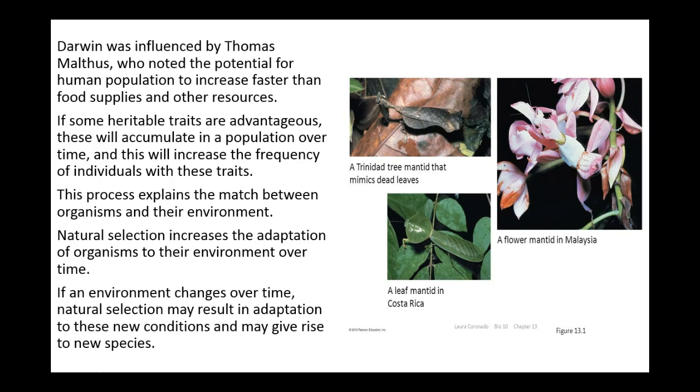There is a common ancestor between all three of them, but over time, in the area that they've lived in, they've created this camouflage. And then if the environment changes over time, natural selection then will start over again. That results in adaptations to these new conditions and gives rise to new species then.